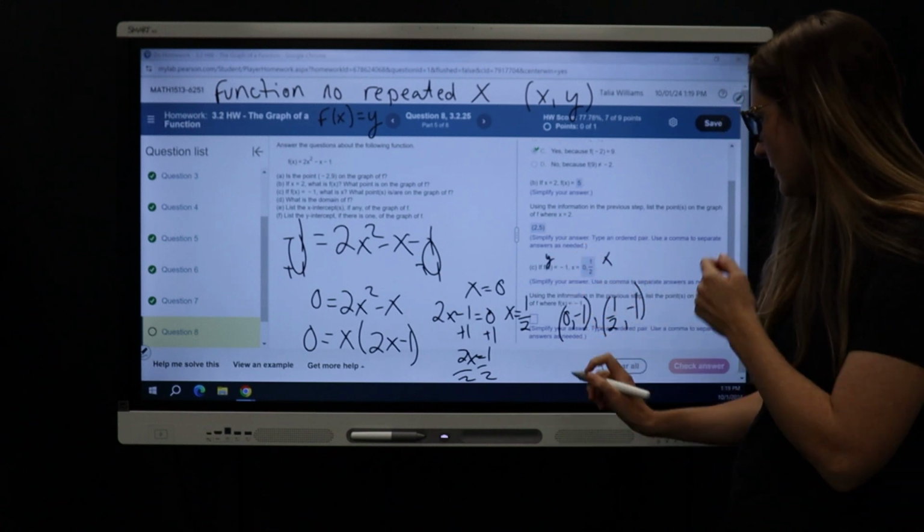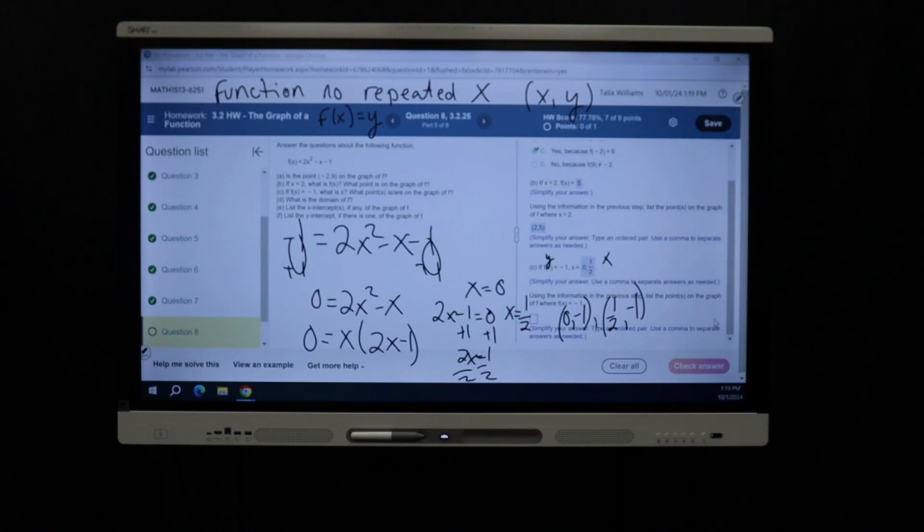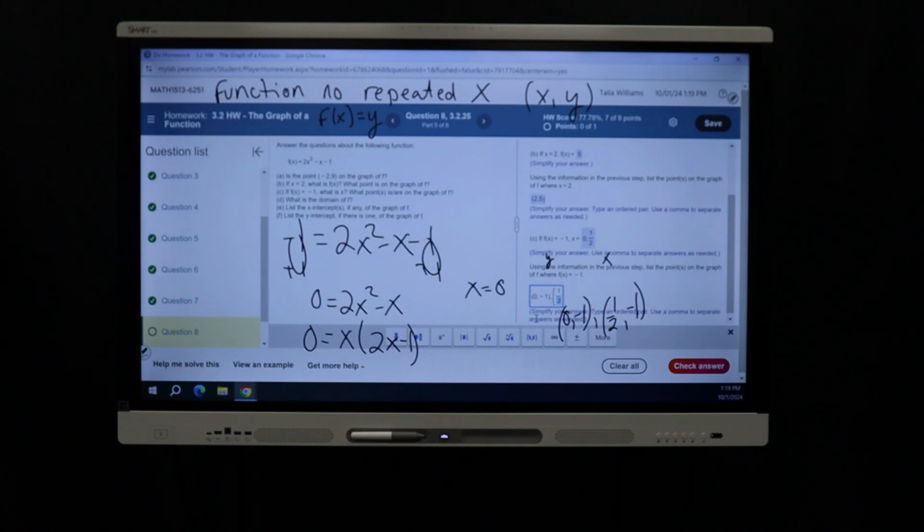This is y. Type that in. So they want us to find it, and they want to be sure that you know which one's x and which one's y. That's because this part is just repeating what we just found, but we're putting it as an ordered pair. So you have to know which one's x and which one's y.